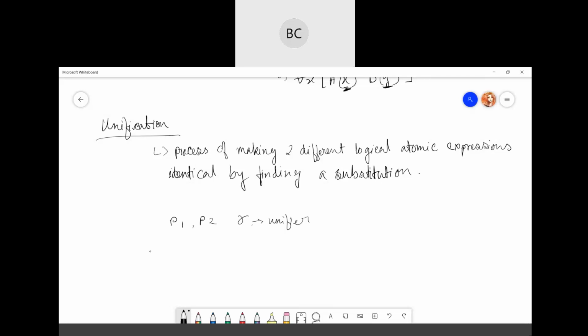We need to show that P1 rho equals P2 rho.